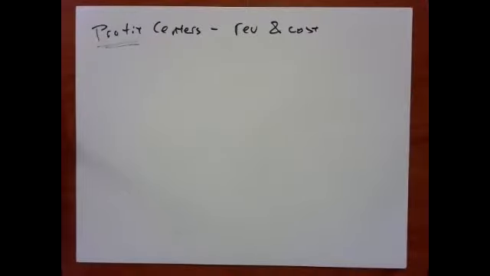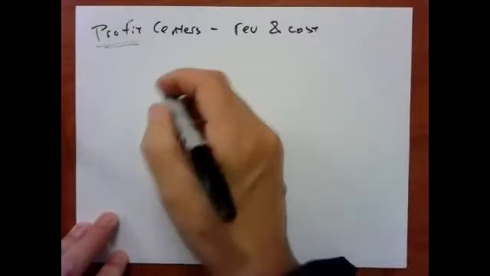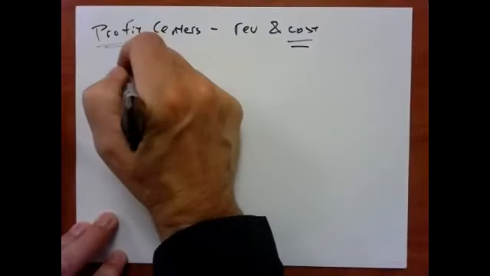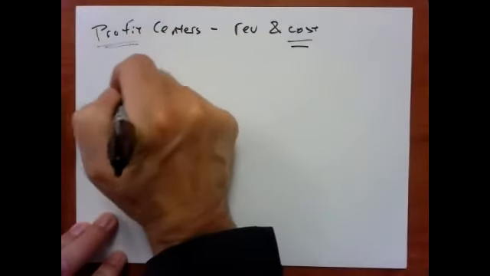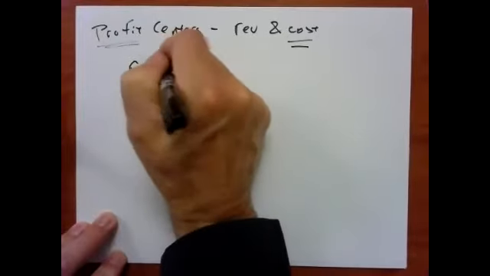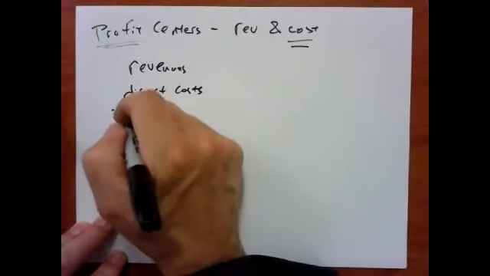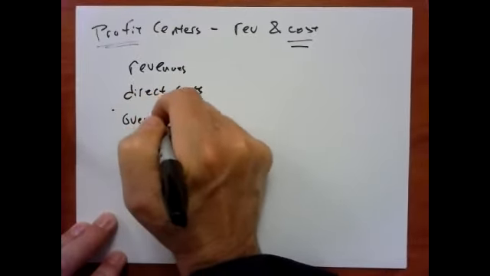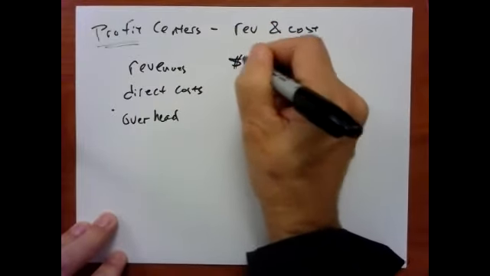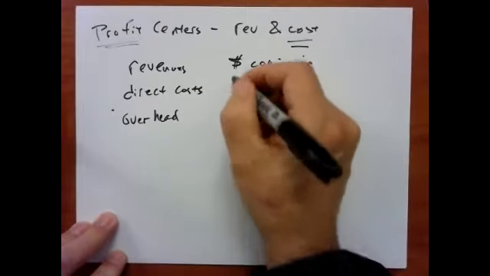And so to know how profitable the profit center is, we need to know what their total cost is. So they're going to have revenues, they're going to have direct costs, right? And then they're going to have overhead costs. The revenues are whatever they generate, the money coming in, right? Then they have direct costs.